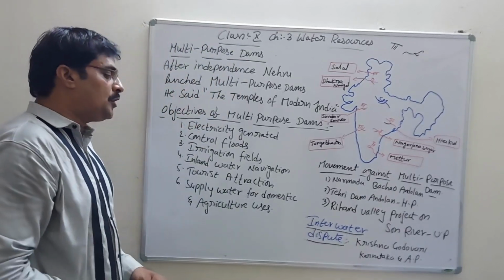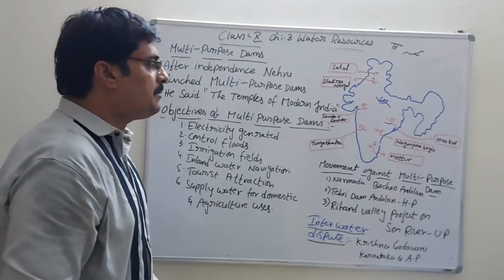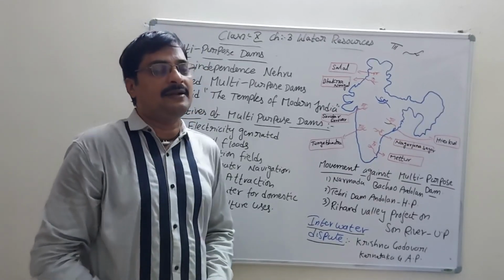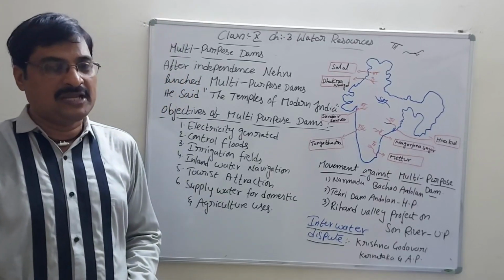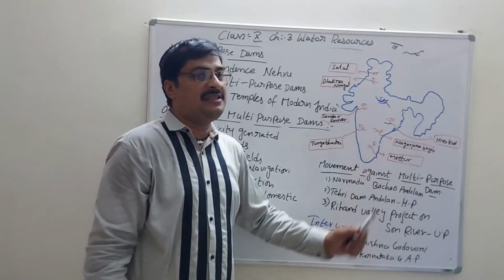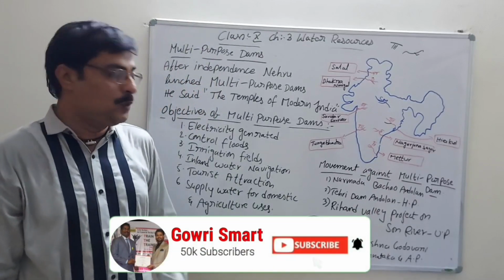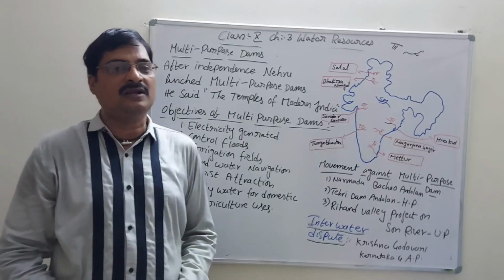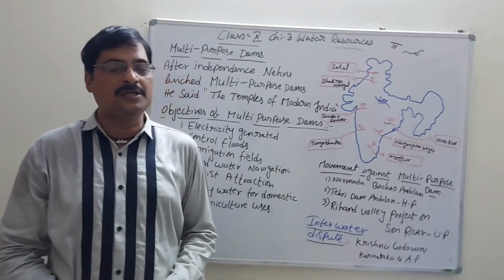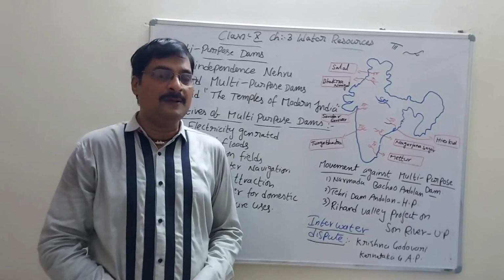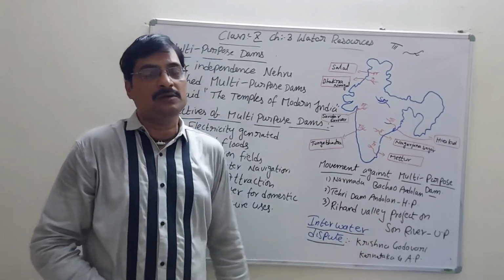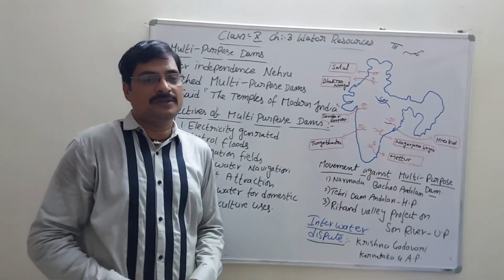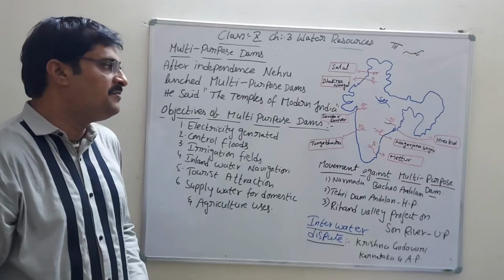According to the Tungabhadra project, there are some disputes between the two states, Karnataka and Andhra Pradesh. Every year they want to share the water between these two states, and they fight about how much water to use in Andhra Pradesh and how much in Karnataka. These are the kinds of disputes about the Tungabhadra Dam and other areas.